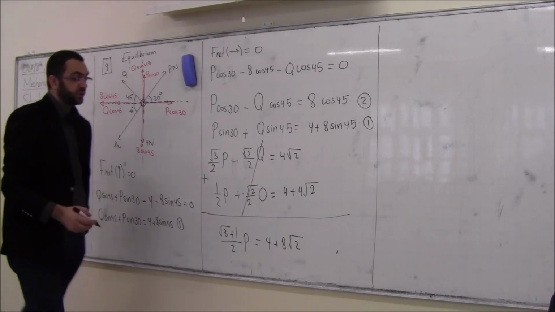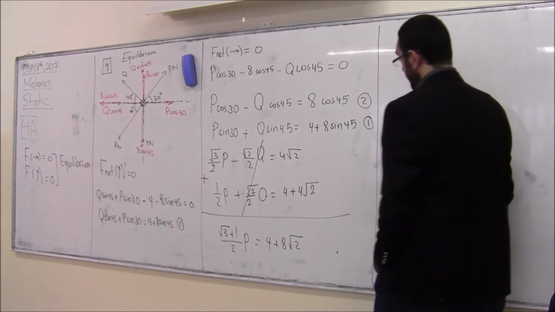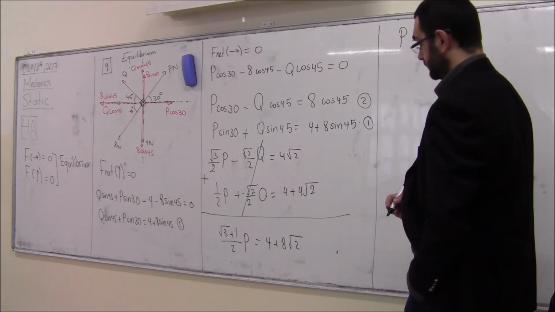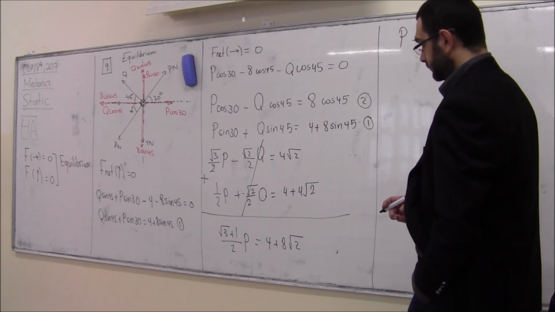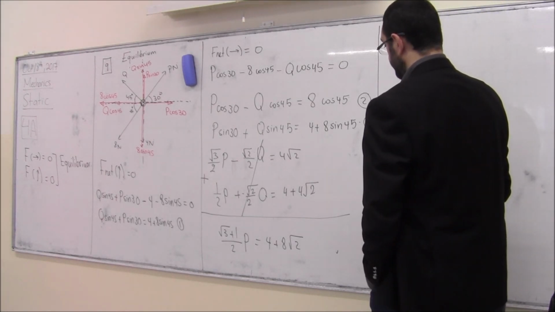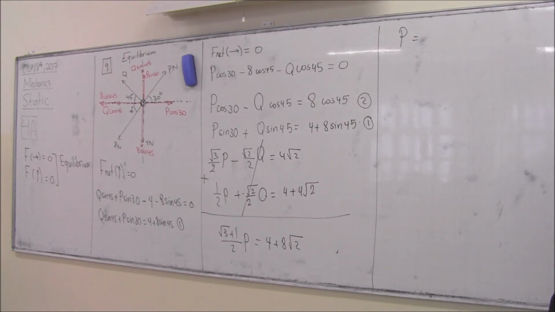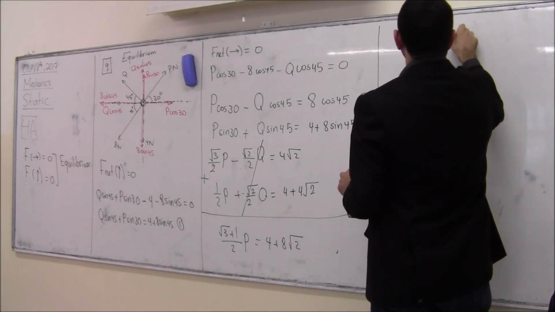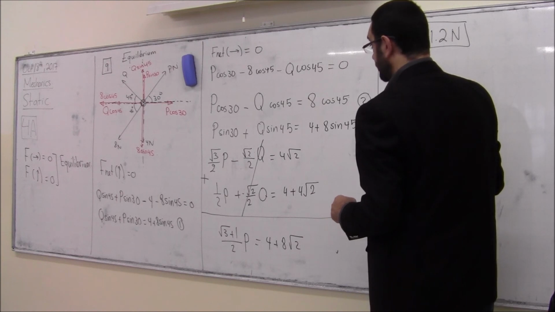So now we can round P. P is 11.2. This is P, right? What about Q?